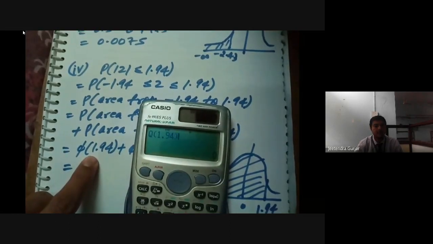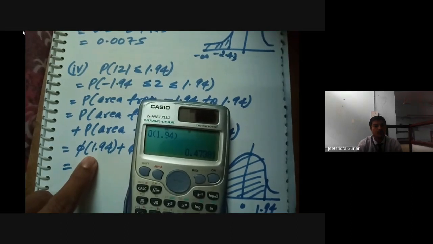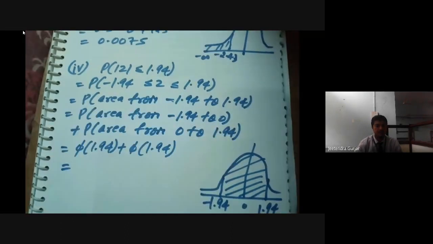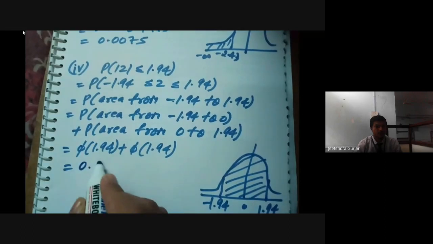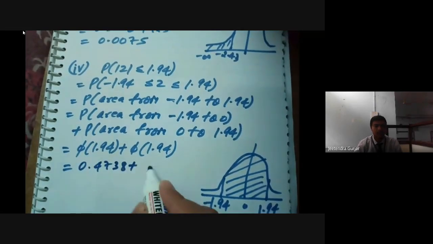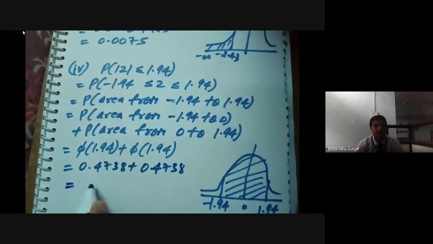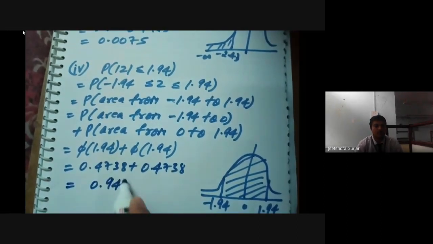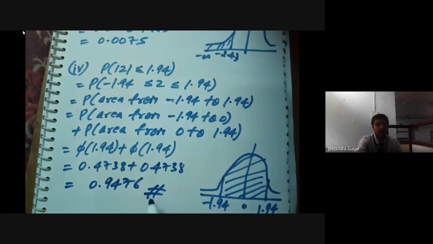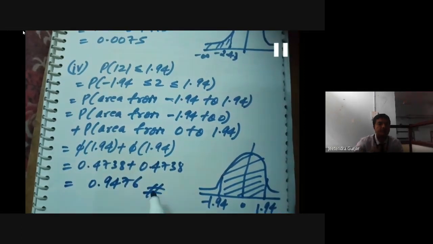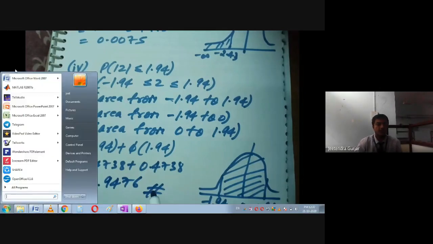Here you substitute 1.94, students. You are going to get the value 0.4738. So 0.4738 on the RHS, and on the LHS also the same area, 0.4738. If you add those values, you are going to get 0.9476, students. So this is how you are going to calculate the normal distribution.